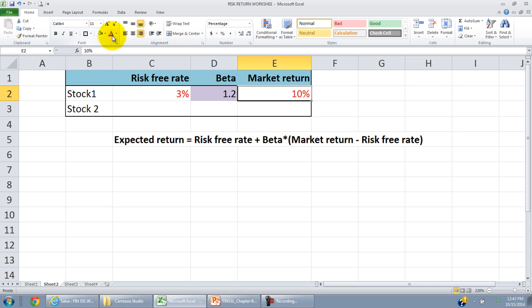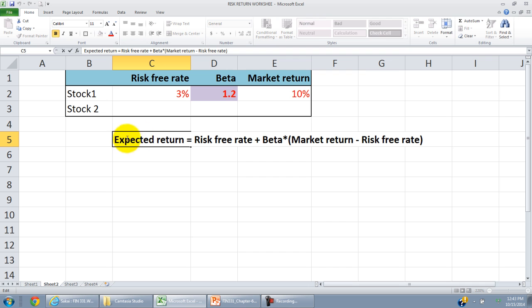So next year the market return could be like a 10%. It is a market information, right? And lastly, what you have is the beta or the systematic risk for stocks is 1.2. So with those 3 pieces of information, you have to calculate the fair rate of return you may expect from your investment in the coming period.